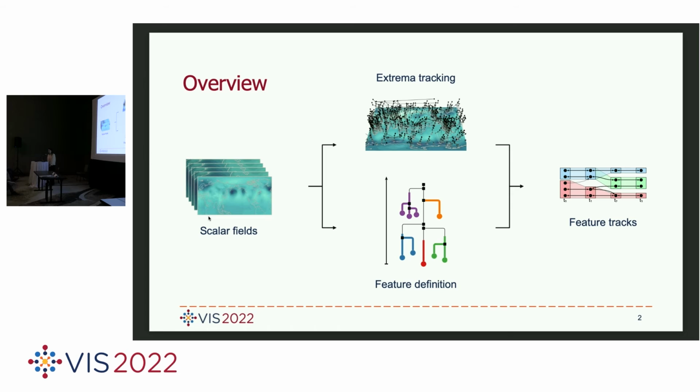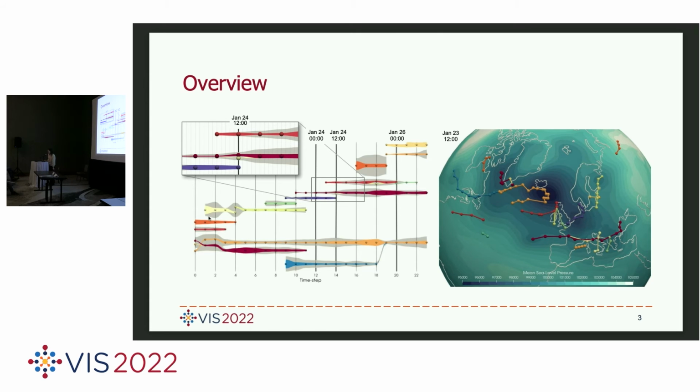This is hierarchical in nature and sorts minima into nested separate groups. Finally, we derive feature tracks by inheriting the connectivity from the gradient tracking. Here you can see on the left a visualization of the nested tracking graph of our features, and on the right the spatial embedding of the cyclone tracks.